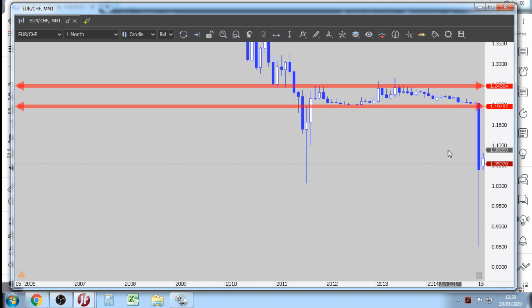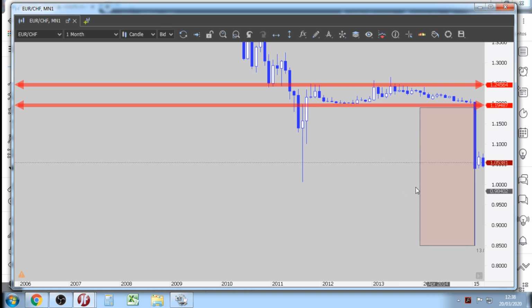When Europe opened, everybody, it crashed. Okay, what does this mean? It crashed. Currency pairs don't crash, but what does this mean?